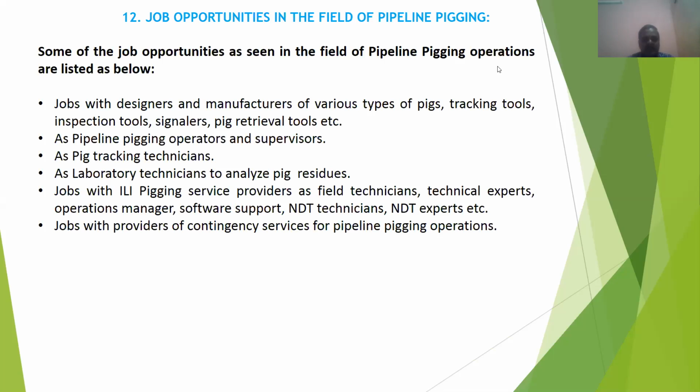Jobs with ILI pigging service providers as field technicians, technical experts, operations manager, software support, NDT technicians, NDT experts, etc. Jobs with providers of contingency services for pipeline pigging operations. These are the job opportunities.